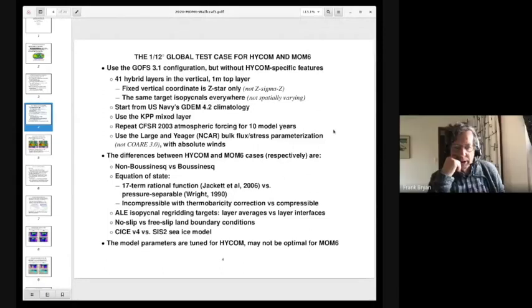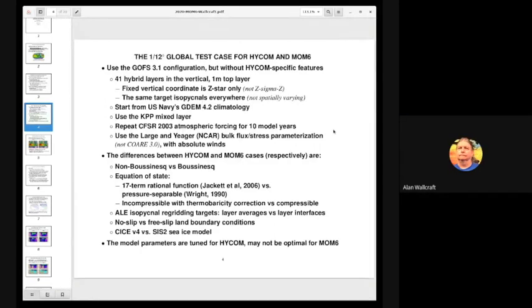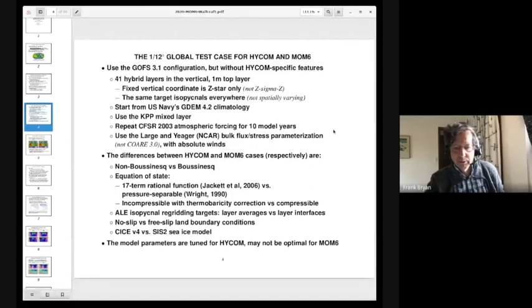Other questions for Alan? Alan, I had a question. What kind of horizontal or lateral closures are you using in these cases? Are they biharmonic or something else? We have both biharmonic and Laplacian. Okay, and those are prescribed viscosities?